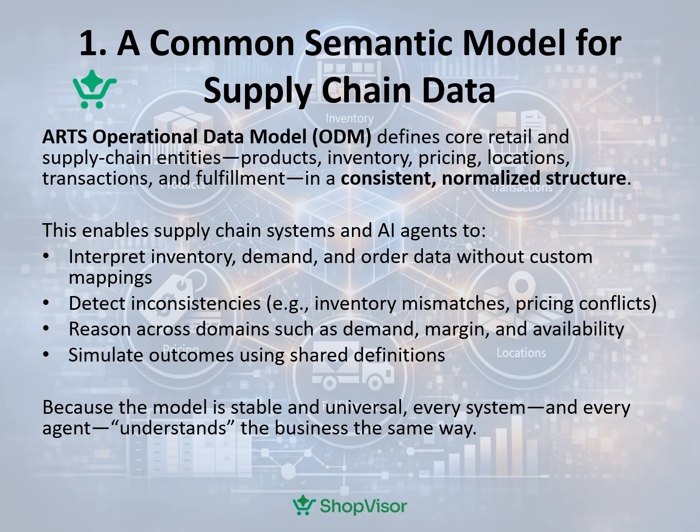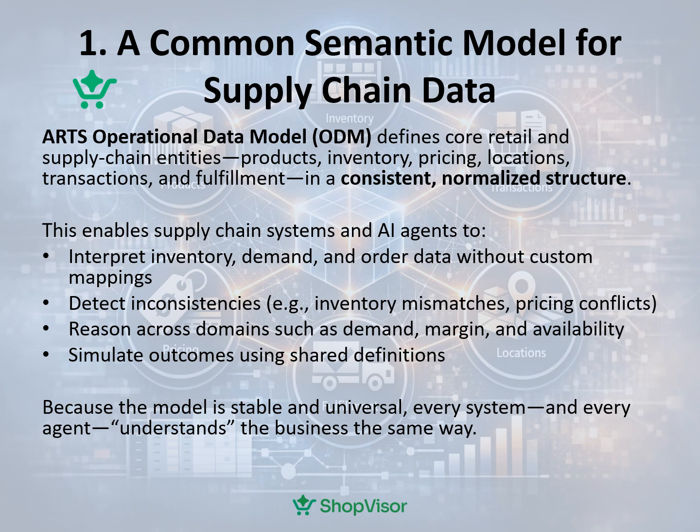So first off, ARTS provides a common semantic model for the supply chain data. The ARTS operational data model defines core retail and supply chain entities: products, inventory, pricing, locations, transactions, and fulfillment in a consistent normalized structure. This enables the supply chain system and AI agents to interpret inventory, demand, and order data without custom mappings.